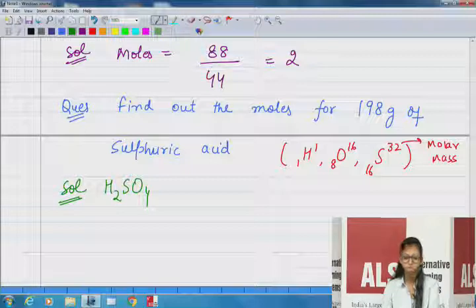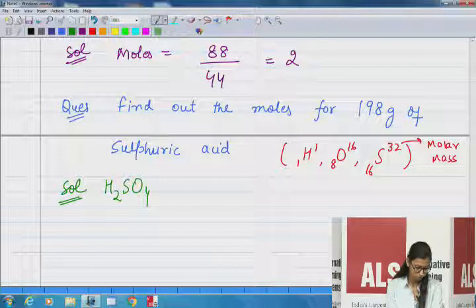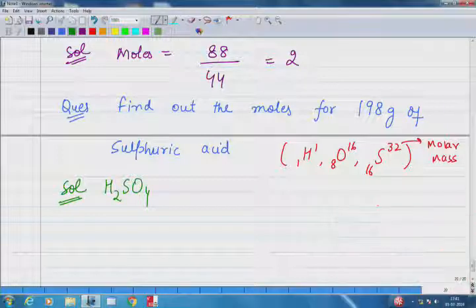And then the given mass is there, then you can put it into the formula and you will get your answer. What is the mass you are getting, everyone?